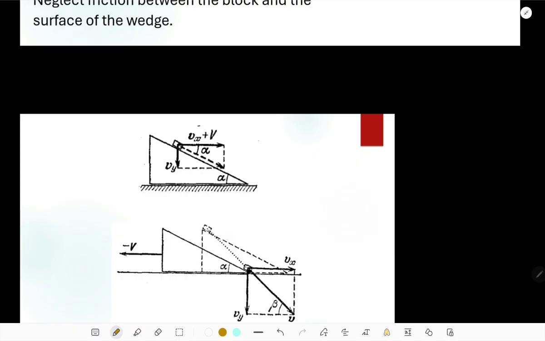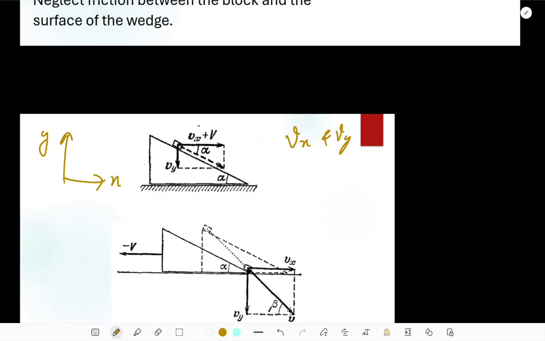I would like to suggest that you consider the horizontal and vertical components of the block's velocity relative to the ground as Vx and Vy, where the x-axis is along the horizontal and the y-axis is along the vertical. I strongly suggest that you denote these components by Vx and Vy, or whatever else you like to use.